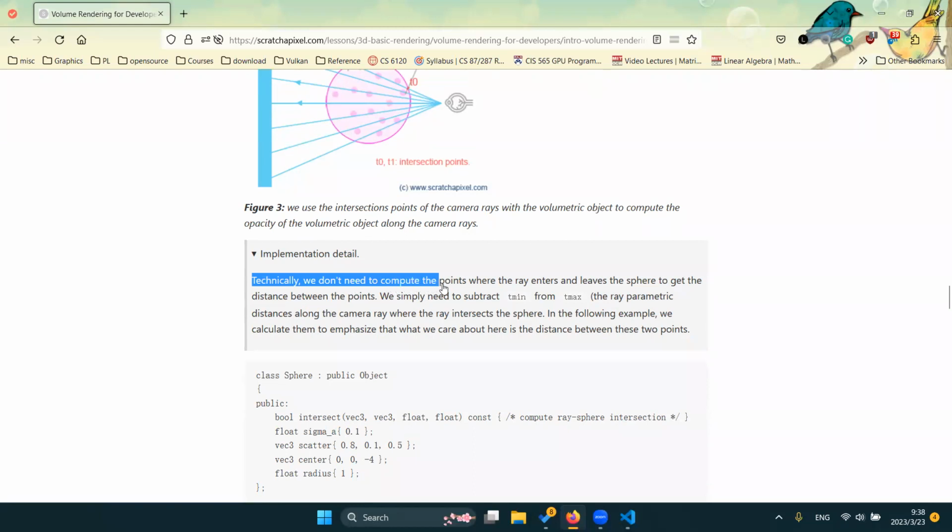Technically, we don't need to compute the points where the ray enters and leaves the sphere to get the distance between the points. We simply need to subtract T min from T max.